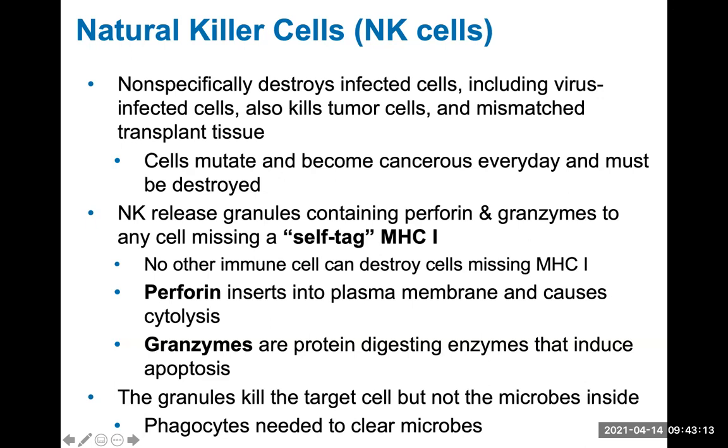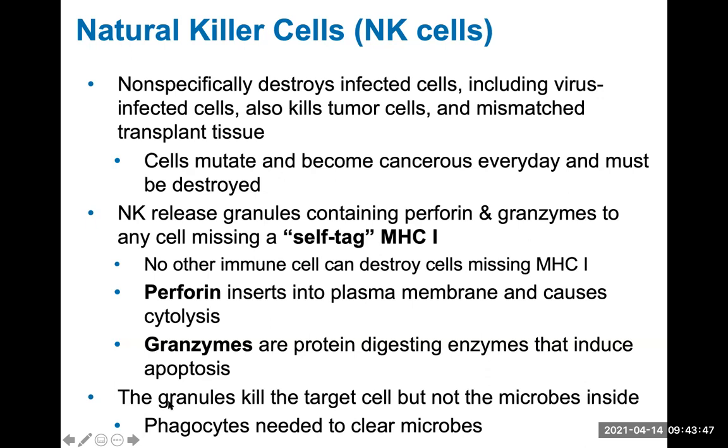The cell very well might burst open from perforin before the granzyme actually does its job, but in case somehow the perforin doesn't kill, you have this backup system, right? So it's a very potent way. Natural killer cells are very good at killing these infected and tumor and mismatched cells. We don't consider this specific. It's any cell that doesn't have the MHC1, right?